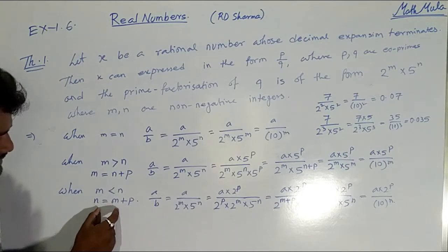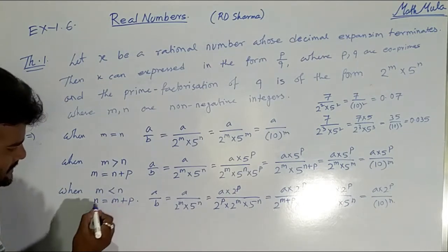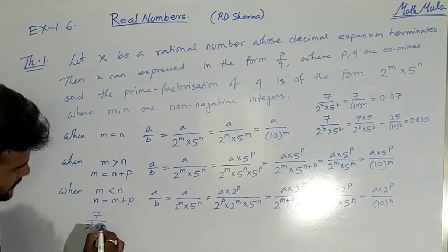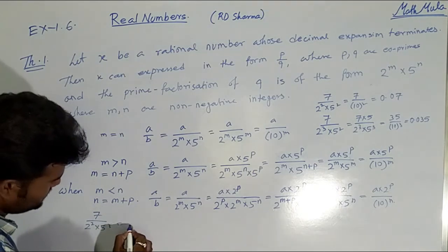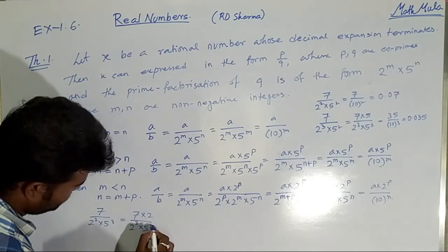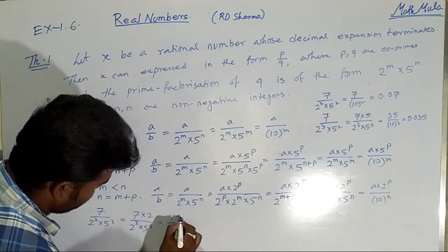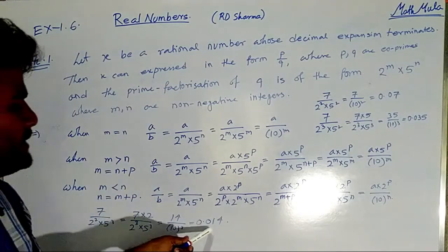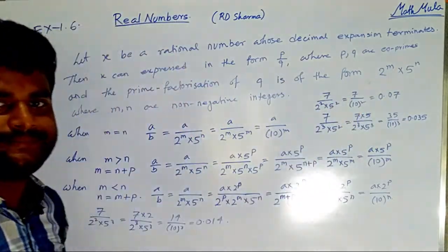For the case when m is less than n, we can write 7 by 2 square into 5 cube. Now we arrange the numerator and denominator, multiplying by 2, that is 2 cube by 5 cube. This equals 14 by 10 cube. That means in all cases the decimal expansion is terminating. That's it.